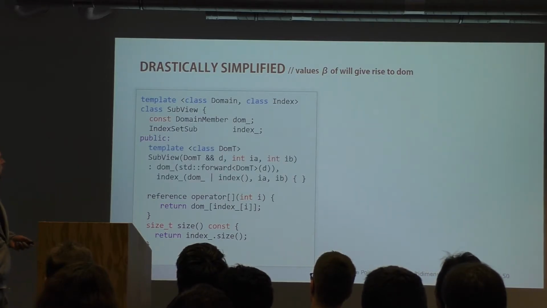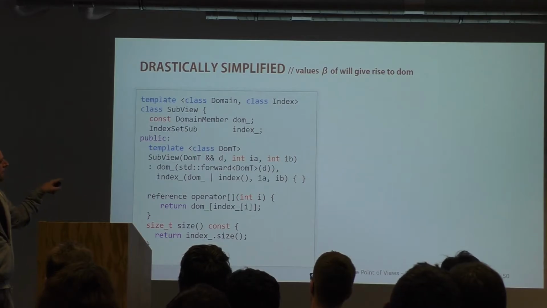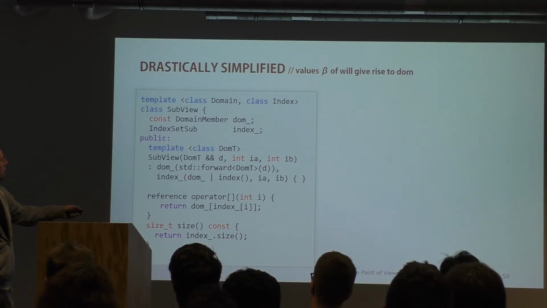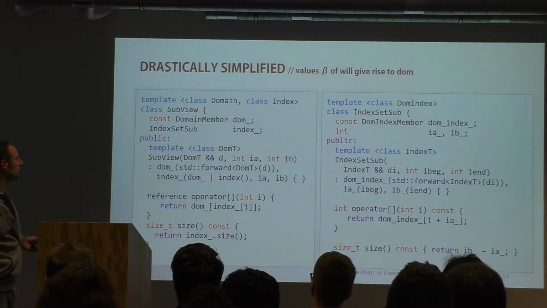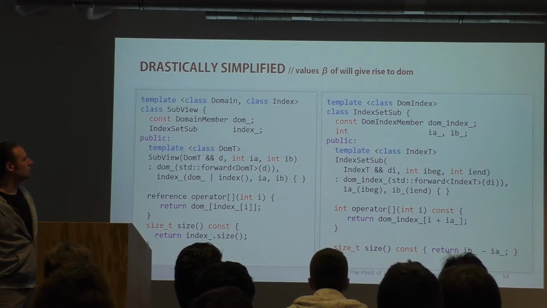And this is a simplification of the constructor. So a subview, for example, would expect a domain, for example, the global array. Then int A and B, this is the subrange, and initialize the index from the domain's index and IA, IB, which looks like this. Unsurprising, a view again, an index again, doesn't really own anything.